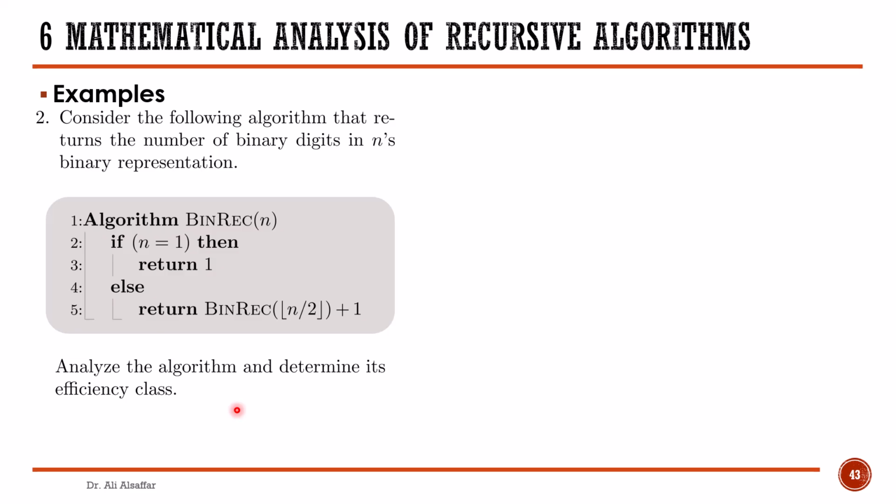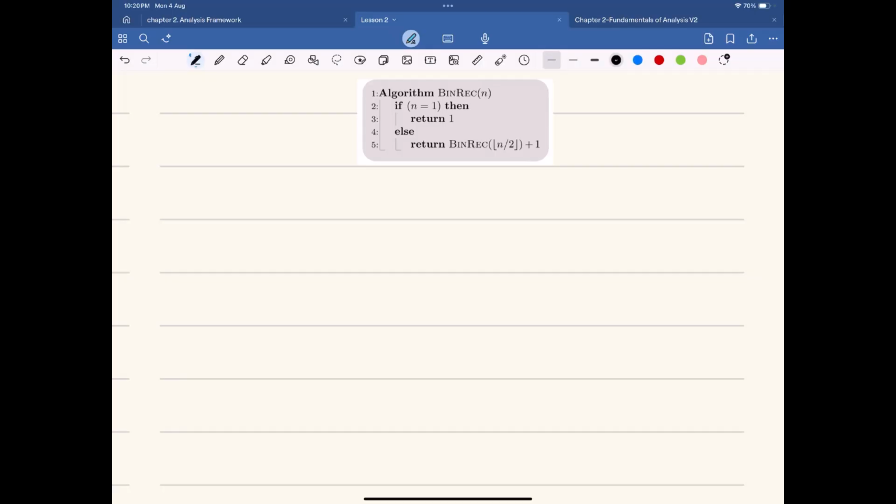I mean, specify the input size and the basic operation, check if the analysis has cases, find the recurrence relation for the number of times the basic operation is executed, solve this recurrence relation, and finally, determine the growth rate and its efficiency class. Let us do that on this algorithm.